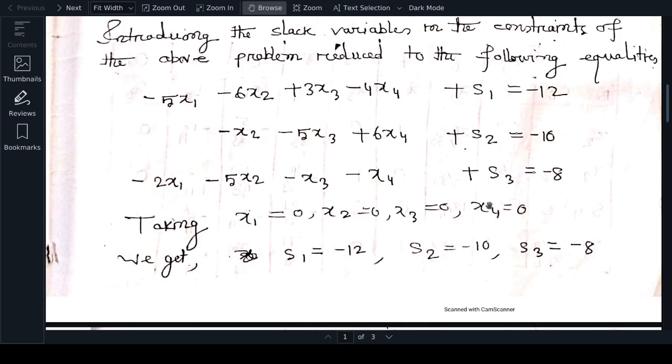We will not consider S1, S2, S3, because this gives us the identity matrix. So S1, S2, S3 are our basic variables, right? So we take X1, X2, X3, X4 equal to 0, and then we get S1 equal to minus 12, S2 equal to minus 10, and S3 equal to minus 8, right?